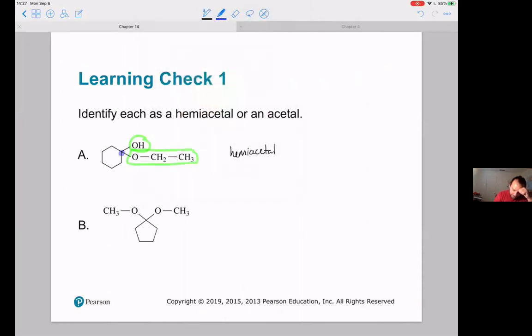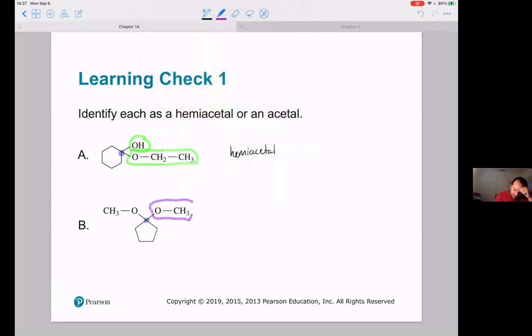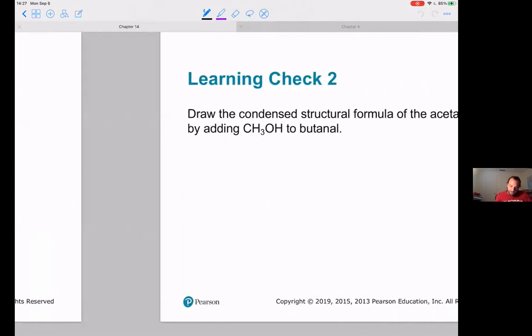Do the same thing over here, locate the carbon that has all the oxygens bound to it. This is what used to be the carbonyl carbon. On one side, we have an alkoxy group, and on the other side we have an alkoxy group. So this would be an acetal. So that's skill number one we need from this set of reactions.